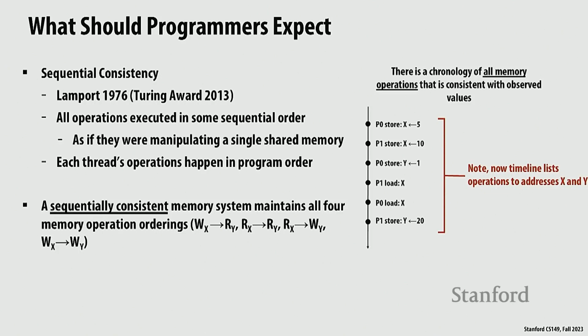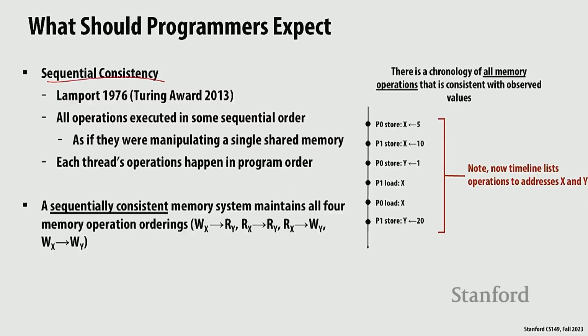Sequential consistency, for which he partly won the Turing Award in 2013, basically says that all operations are executed in some sequential order, as if they were manipulating a single shared memory, and the operations in any particular thread always happen in program order.